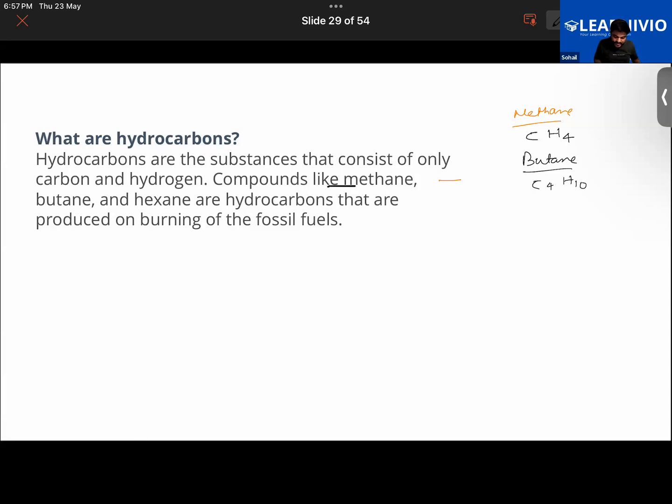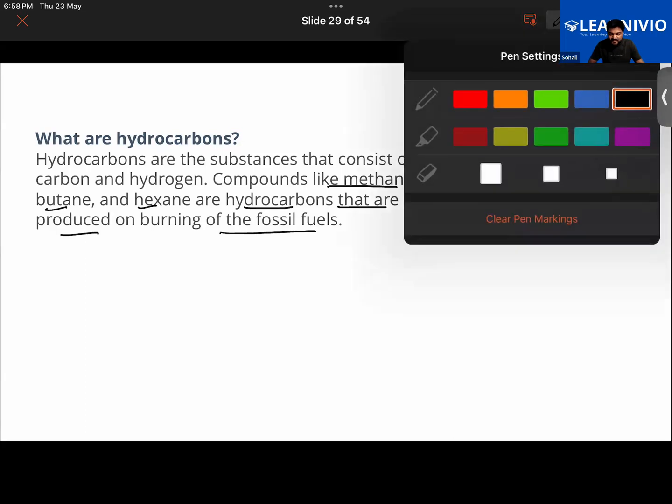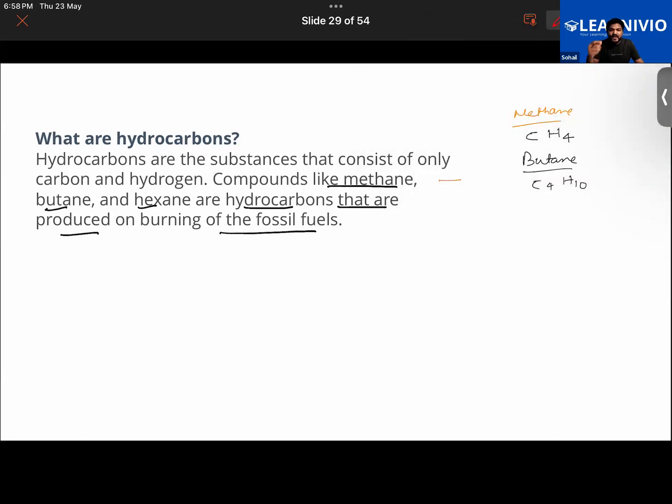Compounds like methane, butane, and hexane are hydrocarbons that are produced on burning of fossil fuels. When fossil fuels like coal and petroleum are burned, they give different kinds of gases. Normally we know that they give carbon dioxide gas also, they give carbon monoxide. Apart from that, they will be releasing gases like methane as well, gases like butane, hexane as well.